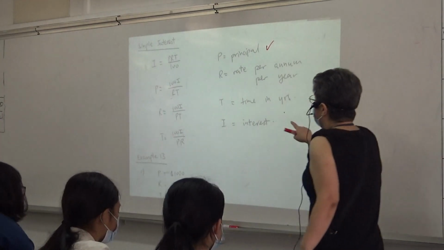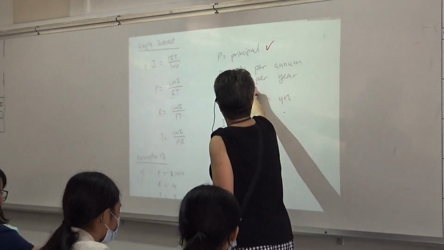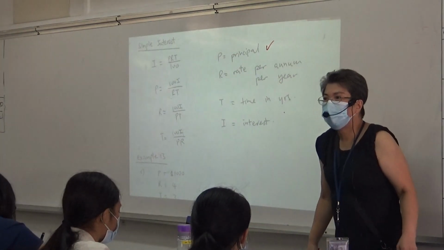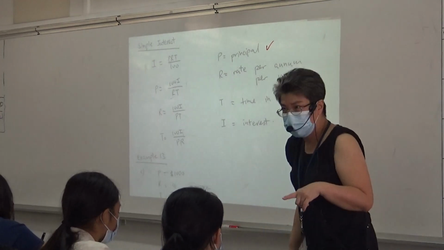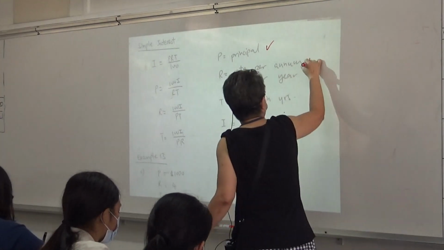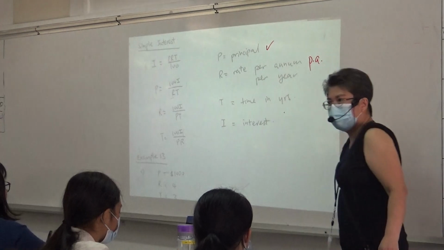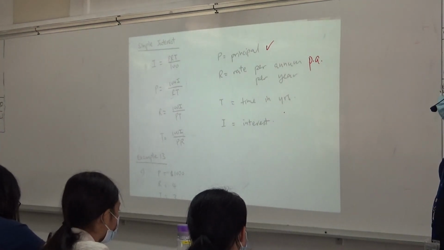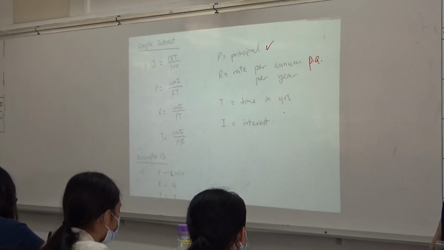R is what? Rate per annum. I think you heard of per annum before, right? Per annum means per year, and there's a short form. Per annum can be put as PA. What PA system? Come on. It can also be People's Association, but in maths, PA means per annum.